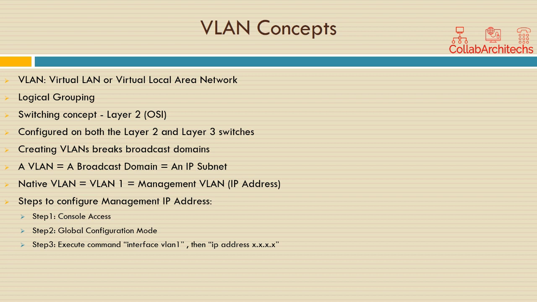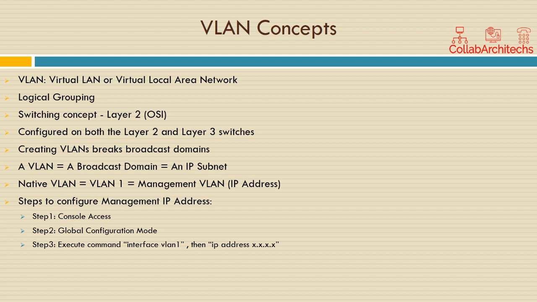After accessing the switch using console, go to the global configuration mode of the switch and execute the command. The first command will be interface VLAN 1. And once under that mode, provide the IP address of that VLAN. So the command will be ip address, and whatever IP address you want to put.